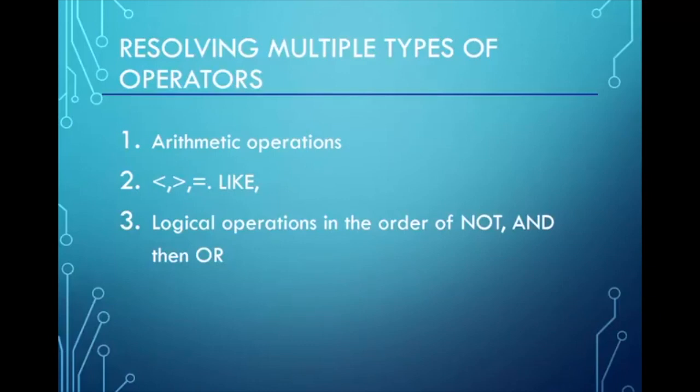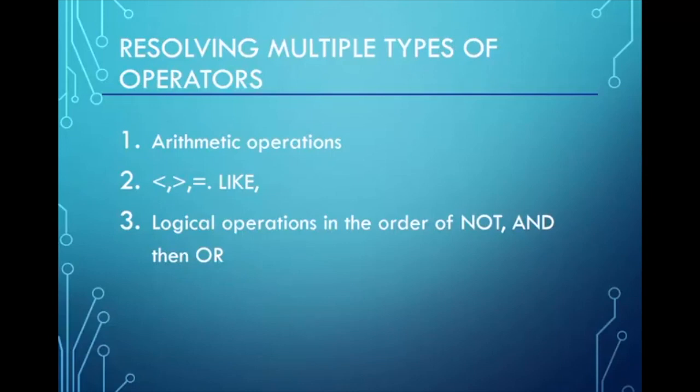If there's any math operations, those happen first. Then we do the less than, greater than, less than or equal to, greater than or equal to, like, not like, between, not between, in, not in, all those types of operations. And then we do our logical operations last. So the not, the and, then the or.